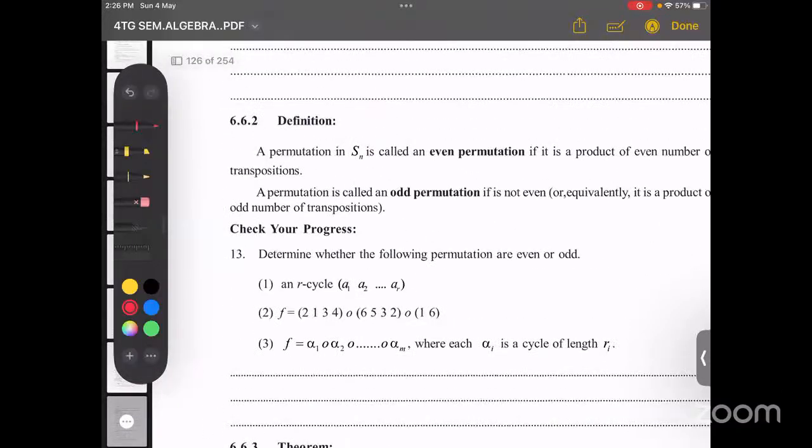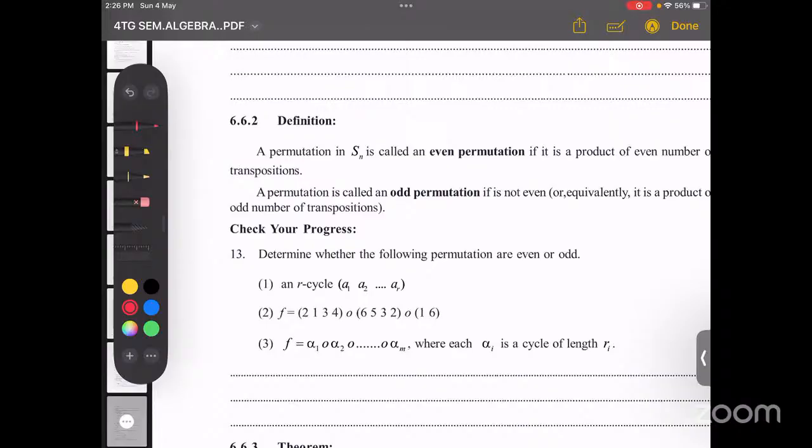Before that, we have the concept of what is an even permutation and what are odd permutations.